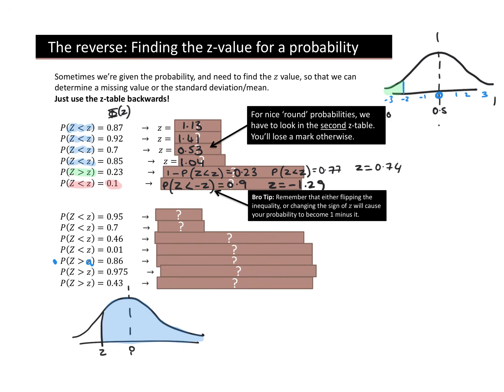The probability of Z being greater than a number A is 0.86. Are you happy with this drawing? Okay. But if we're looking for a value that's less than the mean, we're saying it's less than 0. Our normal distribution table does not give us negative values of Z. We know from this graph that this is a negative value of Z. What else do we know about the normal distribution?